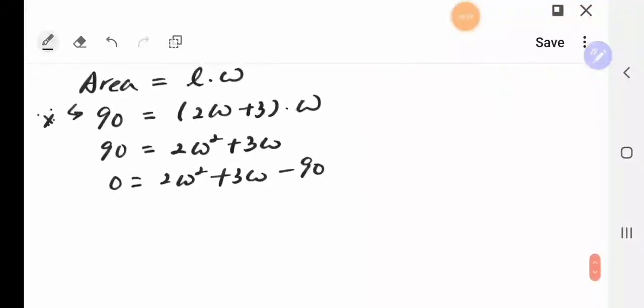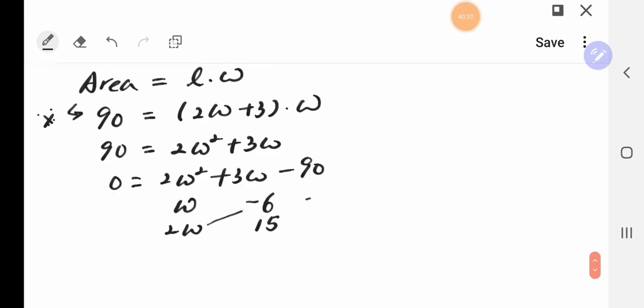Then factor the right side of the equation. So W times 2W. And for negative 90, let's try 6. 90 is 6 times 15, and the negative sign should go on 6.